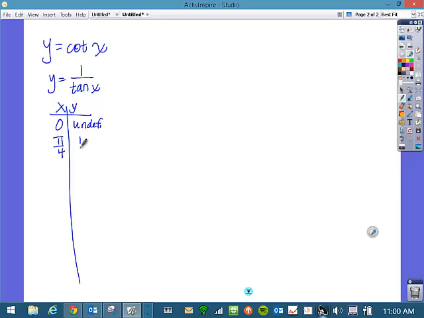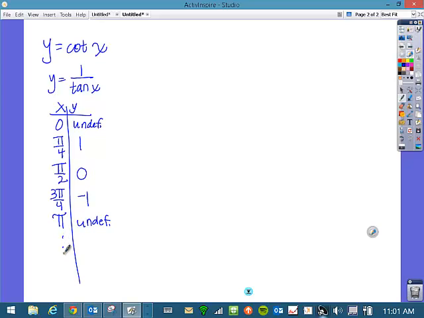Cotangent of pi over 4 is still 1. Tangent of pi over 2 is undefined, so cotangent of pi over 2 is 0. 3 pi over 4 is still negative 1. Tangent of pi is 0, so cotangent of pi is undefined. It's very similar, just the zeros and the undefineds are flipped.